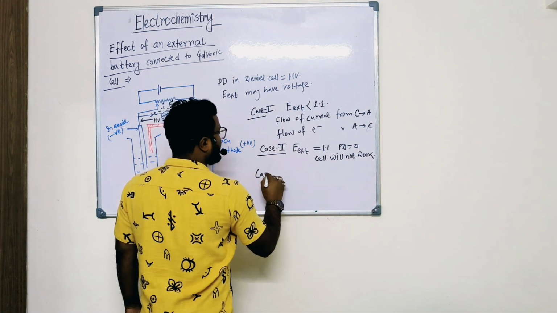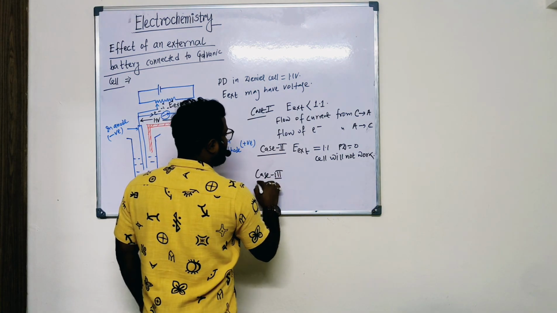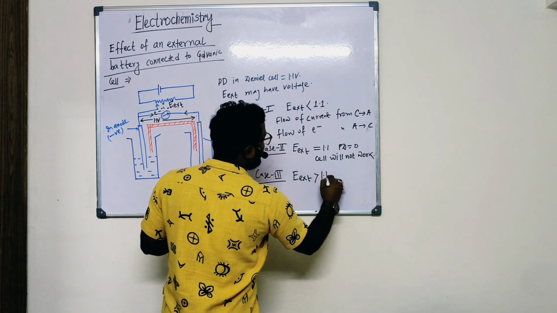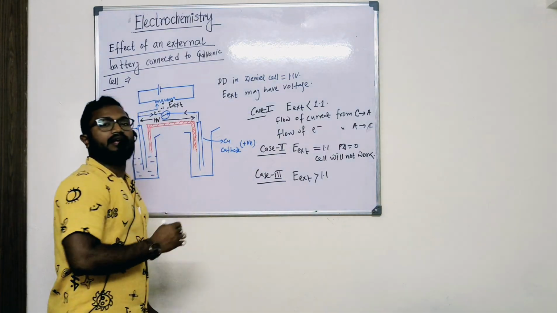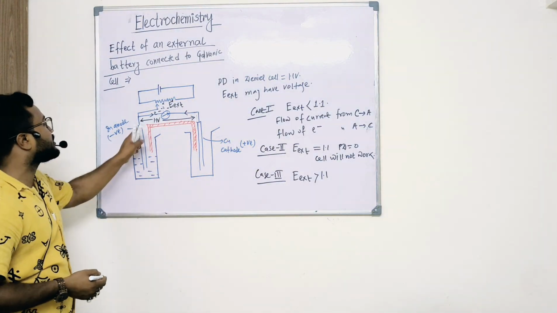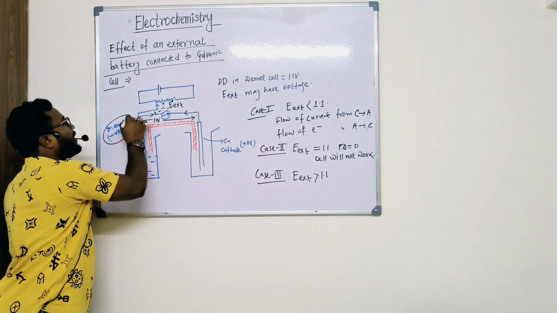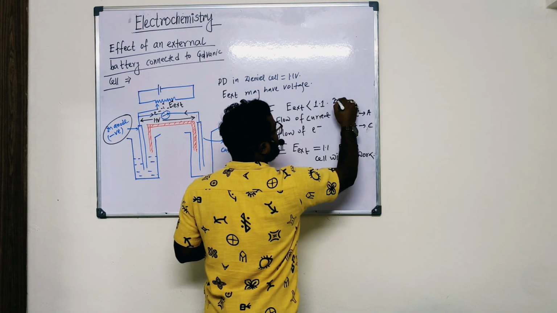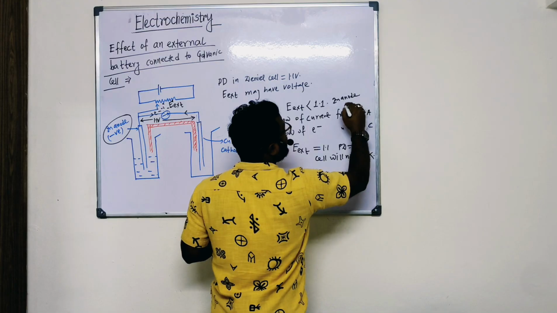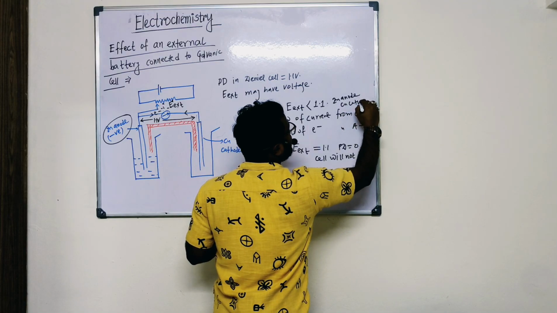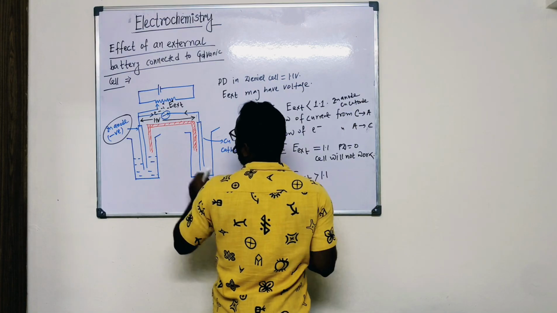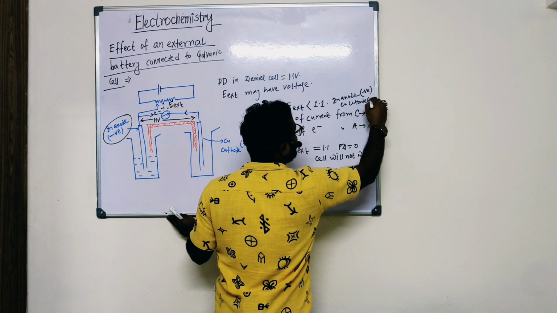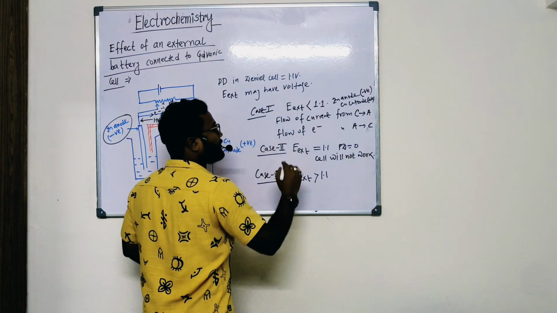Case 3 we are considering. Now the rheostat is moved to the right side. In this case, E external is greater than 1.1. In the first case also we considered zinc anode and copper cathode, where zinc anode is negative and copper cathode is positive. Here what is going to happen?